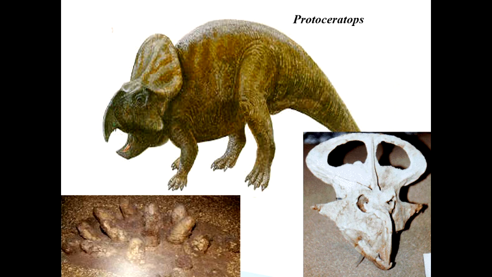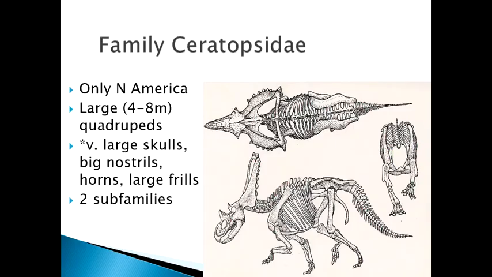Kind of interesting. The family Protoceratopsidae is then contrasted with the family Ceratopsidae, and this is starting to get into groups of dinosaurs that we all know very, very well. These things are only found in North America, and we've had over a century now of our paleontologists describing them. And these were huge, so large, 4 to 8 meters, huge, huge skulls.